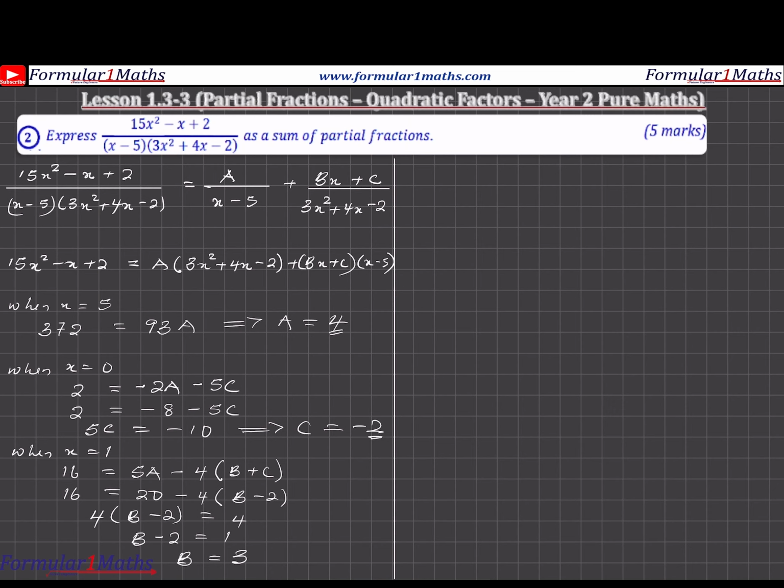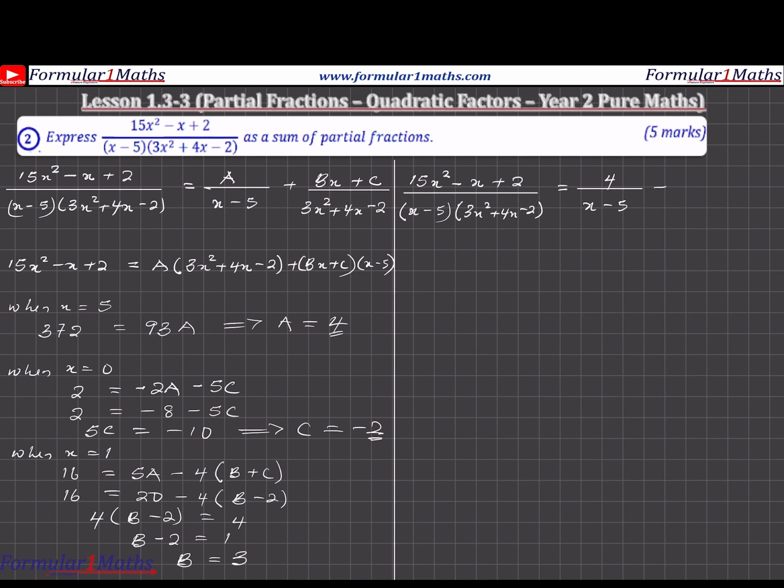My fraction becomes 15x squared minus x plus 2, all of that over x minus 5, 3x squared plus 4x minus 2 will be equal to a, we got to be 4, so 4 over x minus 5 plus b we got to be 3, so 3x, and c we got to be minus 2, so minus 2, all of that over 3x squared plus 4x minus 2.